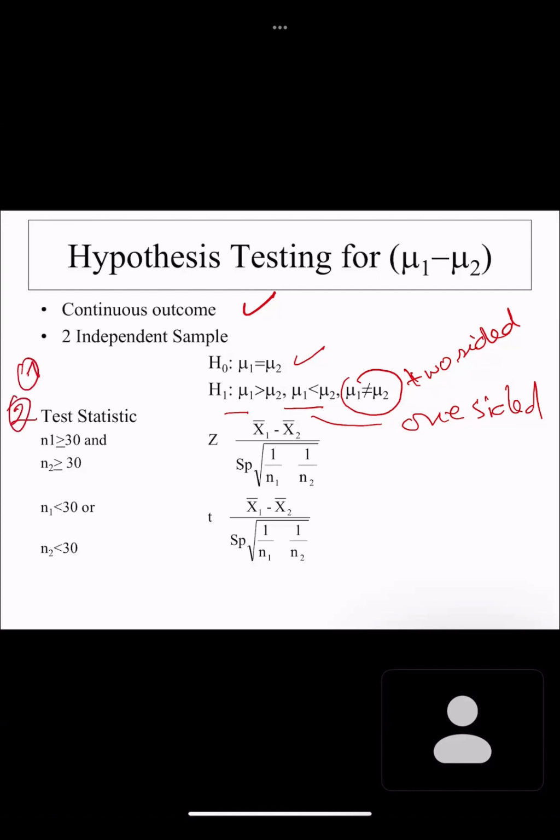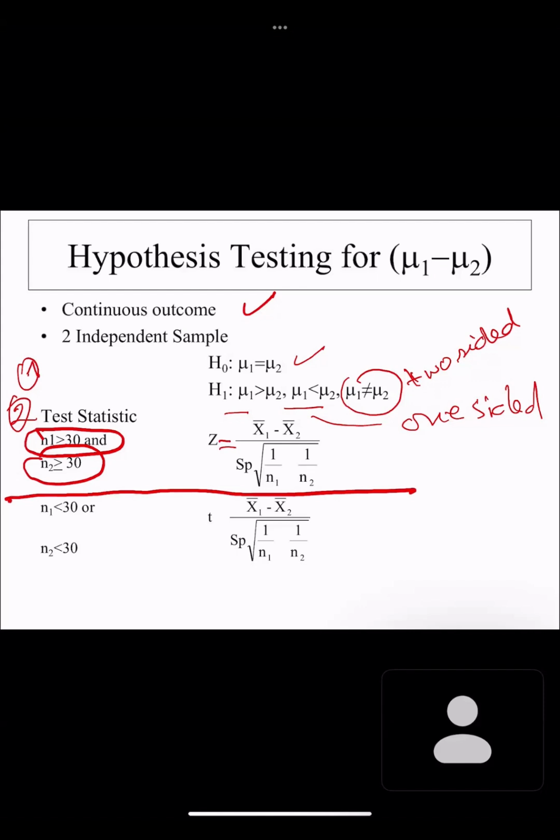So what's the test statistics for when we have two means, or a difference in means? The test statistics depends on the sample size. So we have two formulas. If n1 and n2, both of them, are greater than 30, my test statistics is x bar 1 minus x bar 2.